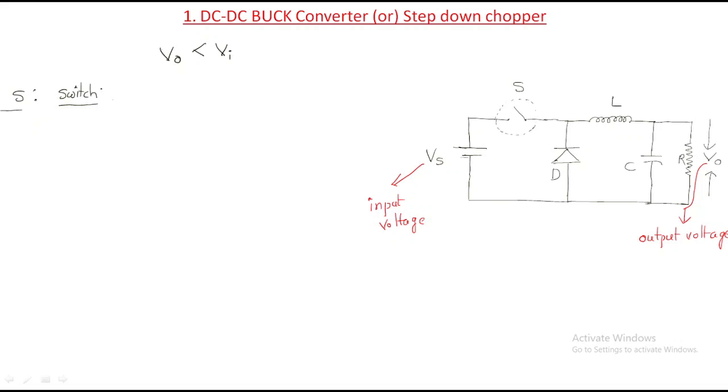It will be turned on and off here. When the switch is on, input power flows to the circuit. But if it is off, input power doesn't flow to the circuit. If it is closed, the power enters the circuit. If it is open, there is no input power in the circuit.